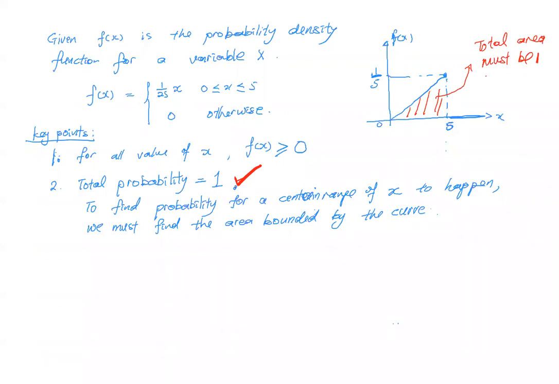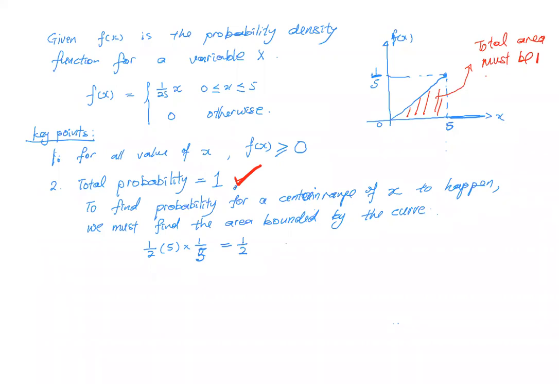So now, is it equal to 1? This is a triangle. Half base times height. So is this a valid... equal to what? Half base times height. 1/5. So I got half.